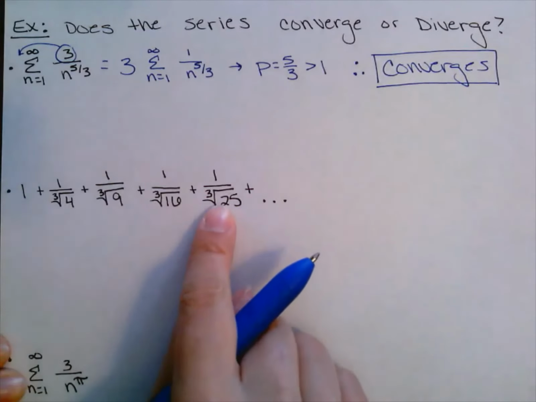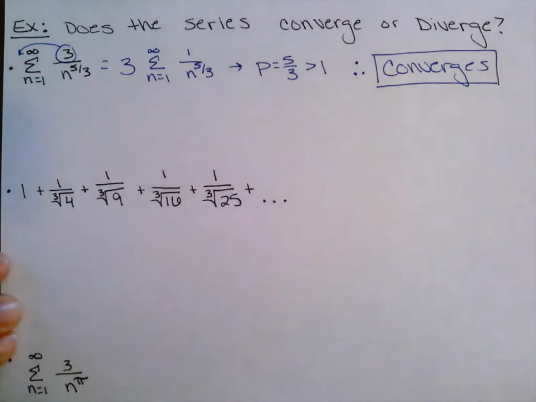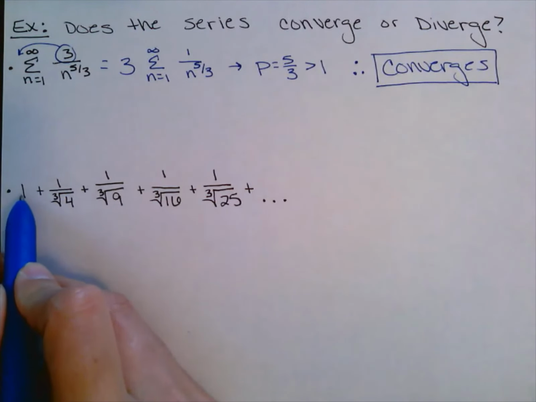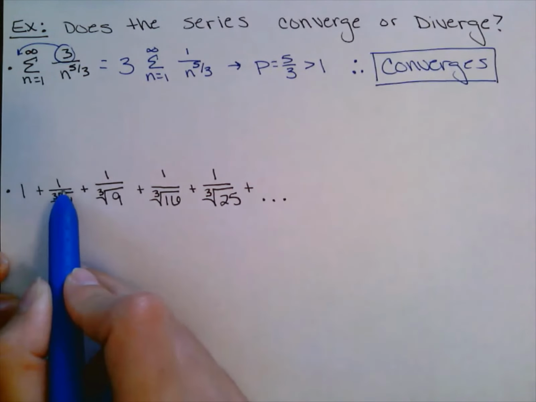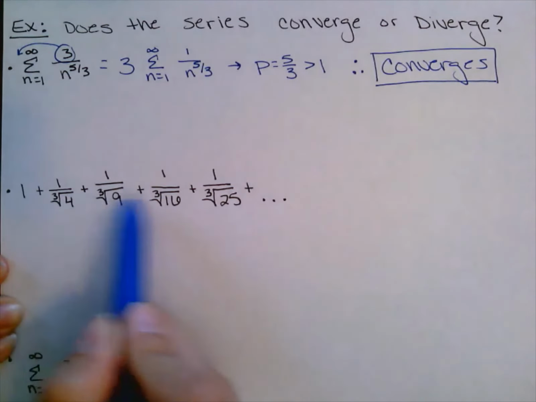Here, instead of them writing out the series in series notation, they wrote it out more as an infinite sum. So I can do the work really quick and come up with that function, okay? Just by analyzing, remember, let's not look at this one for the moment. All of my numerators are 1. And if I look at my denominators, I notice that they all have a cube root.